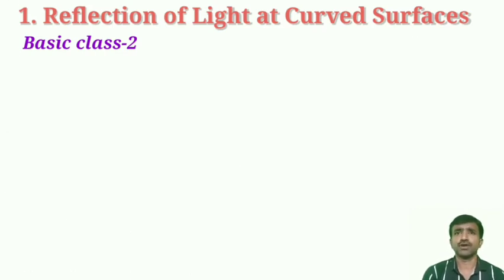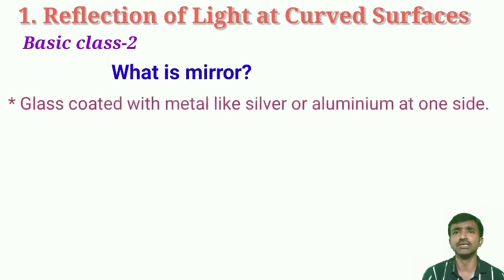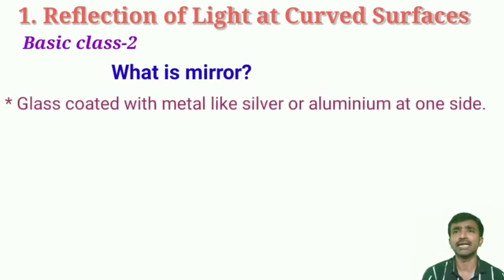So the first topic for us is: what is a mirror? Here a mirror is simply made up of glass which is coated by a metal amalgam, or simply we can say silver or aluminum.